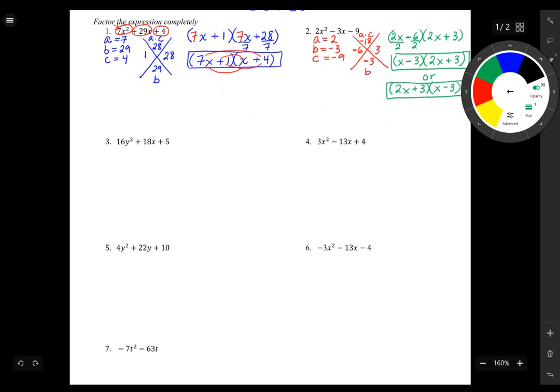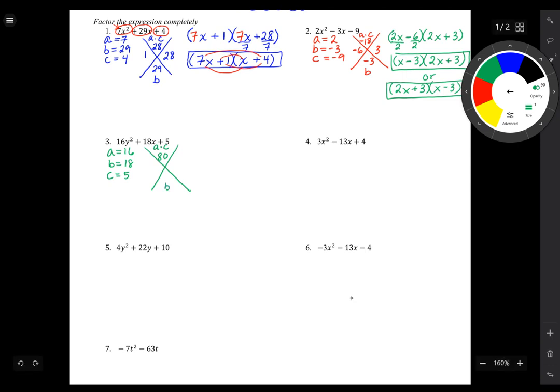Okay, let's do our next one. Is there a greatest common factor? Not with 5, 18, and 16, and it's a trinomial, so we can make our x factor. A is 16, B is 18, C is 5. A times C, 16 times 5. Don't mess up your multiplication, because if you do, you're never going to find the numbers that belong on the side.